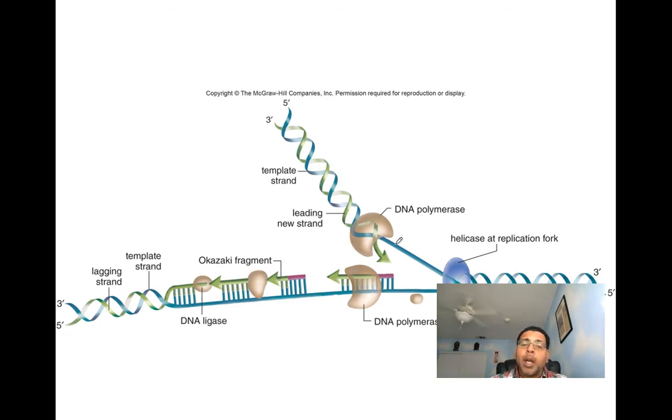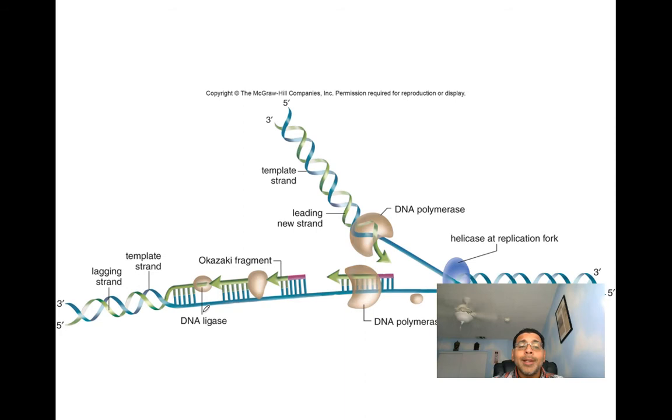And now here on the leading strand, DNA replication is, we said, continuous. Here we're going to have this leading strand, and this leading strand is going to follow this enzyme helicase. While synthesis on the lagging strand is going to result in the formation of short segments of DNA that are called Okazaki fragments, you see here.